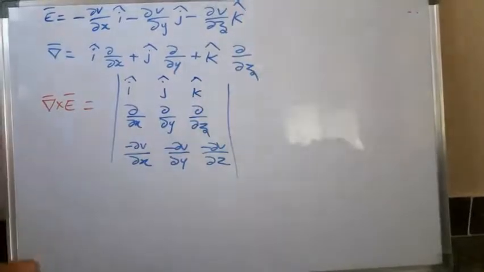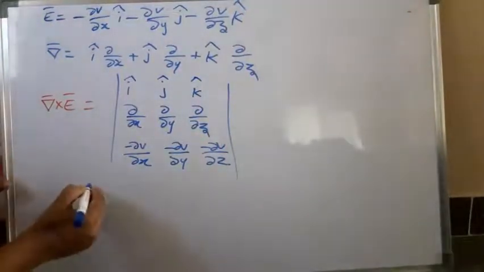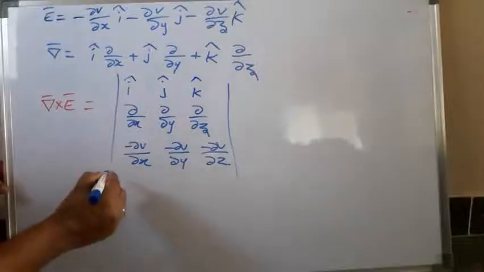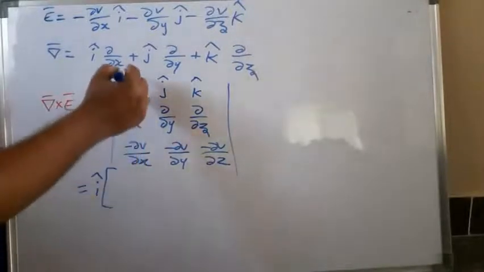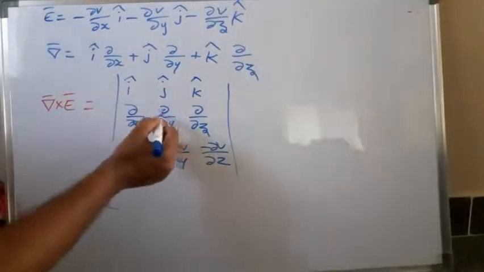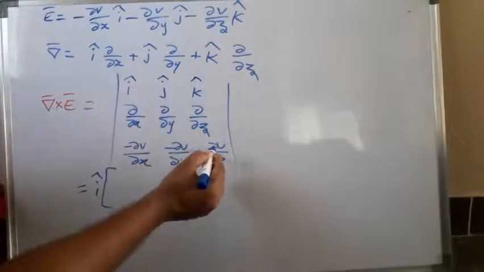We need to find the determinant of this matrix. It is i cap, leaving the first row and first column, and diagonally dou by dou y of minus dou v by dou z.